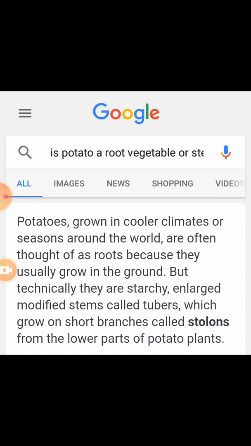Potatoes grow in the cooler climate seasons around the world, and are often thought of as a root because they usually grow in the ground. It grows in the ground, so we can call it a root vegetable too.